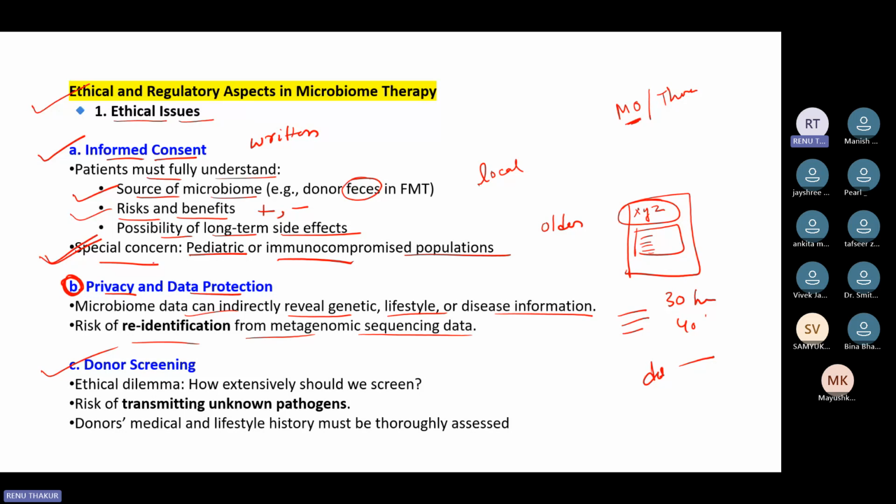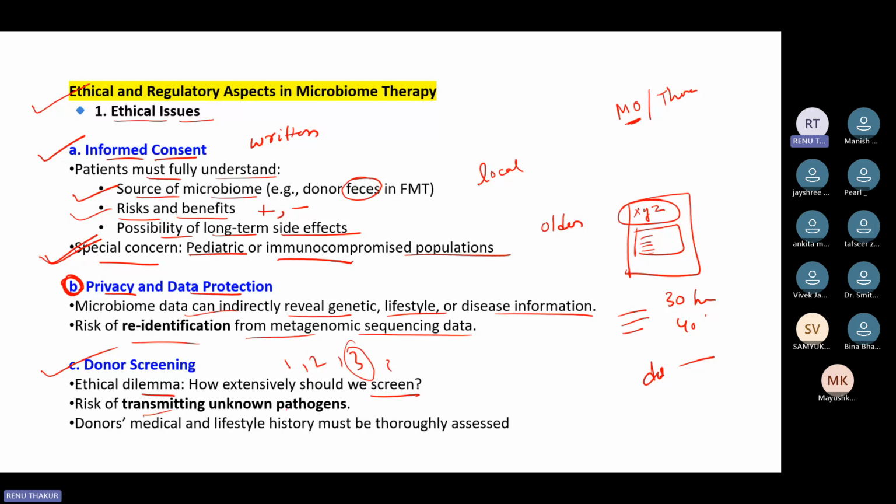There are different ethical dilemmas associated with that, like whether I can take from the first person, second person, third person, fourth person, and so on. How much screening is required to prove that person three is more appropriate to give the feces? So there are so many ethical dilemmas associated with it.